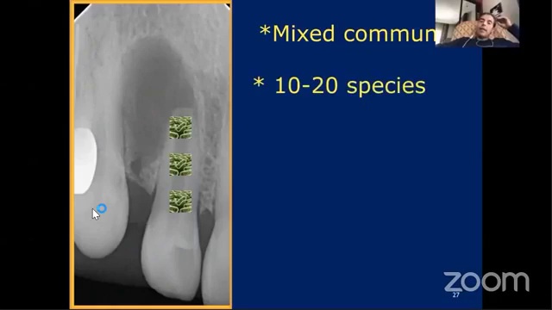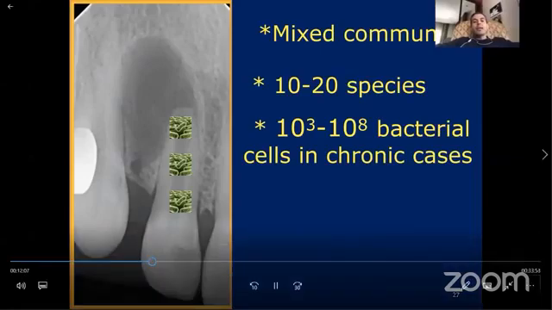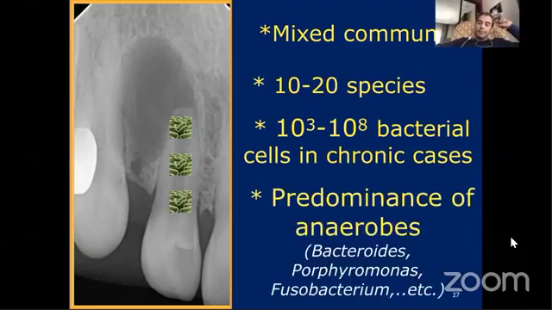There are between 10 and 20 species of bacteria inside the pulp space. And the number of those bacteria is between 1,000 and 100 million bacterial cells in chronic cases. In acute cases, this number will increase.